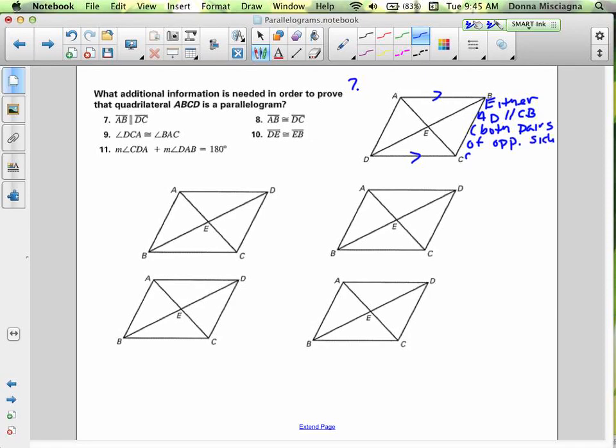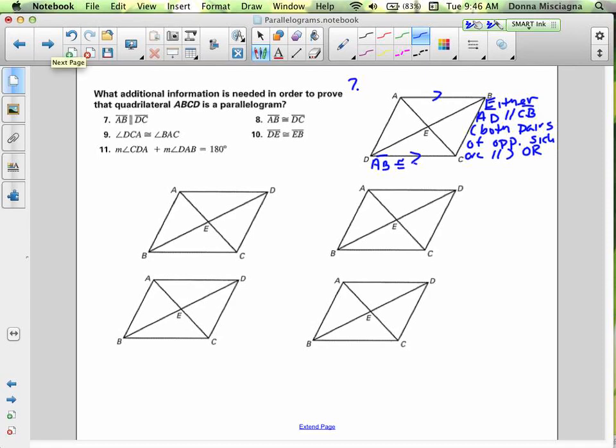So you see, you want to be really specific. I didn't just say make both pairs of opposite sides parallel. I said which pair of sides would have to be parallel. Or we have one other way, or we could also have, right over here, AB, and I probably should put a little line over that. AB congruent to, because it is a segment, CB.